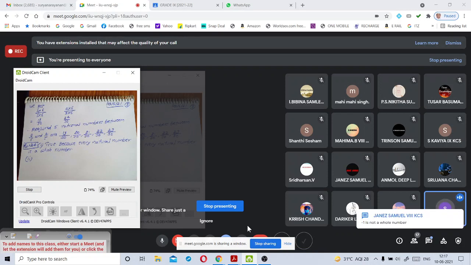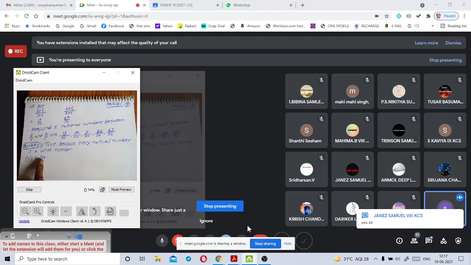So -1, very good. -1 is an integer, but it is not a whole number. Yes or no? Yes, sir.